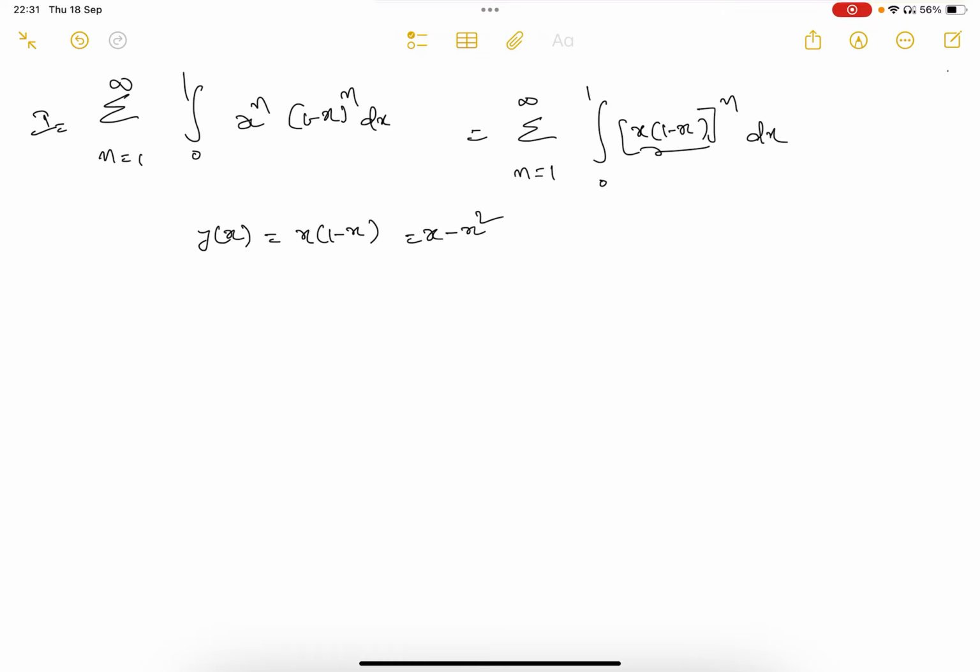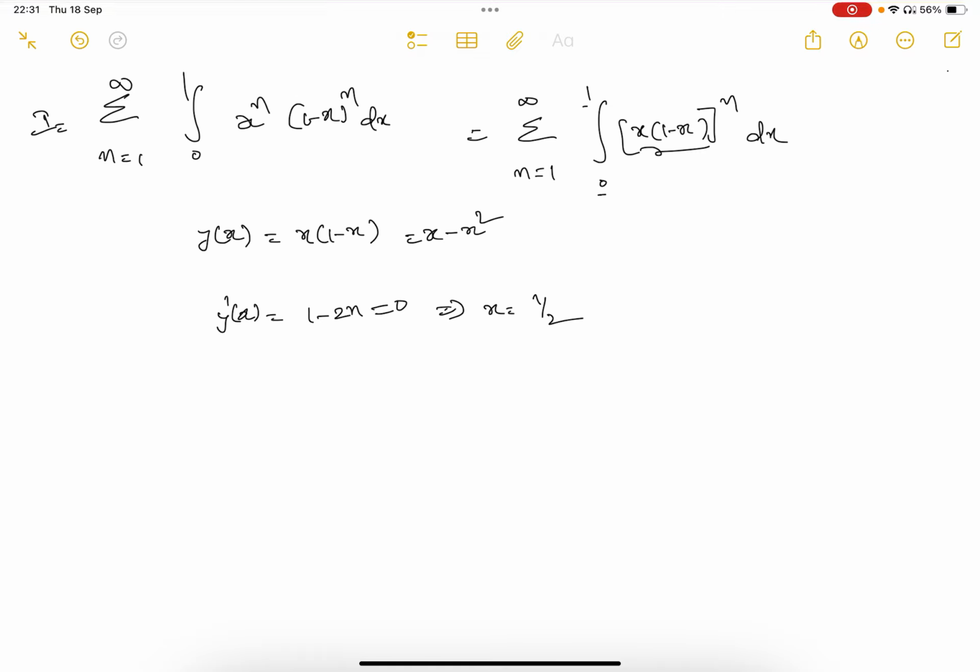Here the integration limits of x is from 0 to 1. If it's integral 0 to 1, what will be the highest point here? y dash of x equal to 1 minus 2x equal to 0, that is x equal to half.